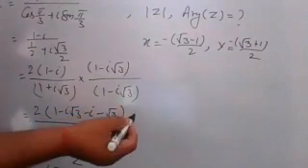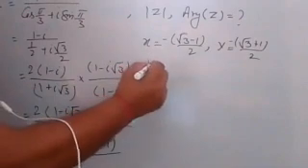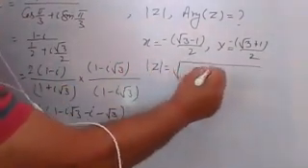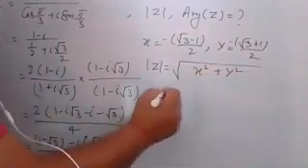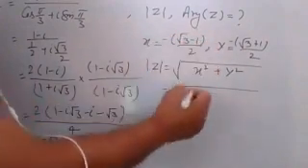So here you find the value of mod. First you find the value of mod of z. So mod of z is under root x square plus y square. So that is equal to under root, and the square of that becomes positive.